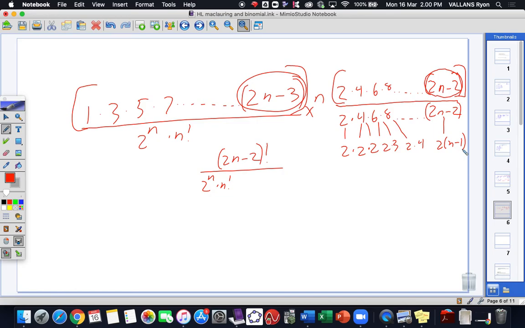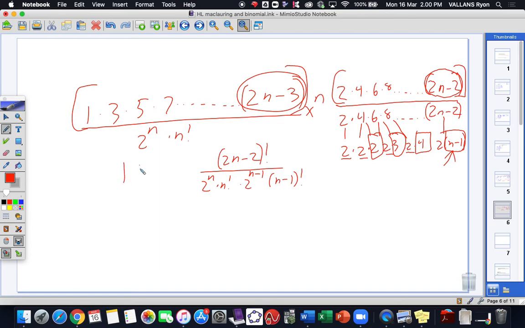Let's factor out a 2. If I look at all the 2's from those, how many of those do I have? I have 2 to the n minus 1. Realize this is telling me how many I would end up having. And then that leaves me with 1 times 2 times 3 times 4, all the way up to n minus 1, which leaves me with n minus 1 factorial.